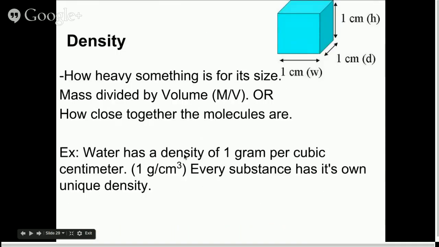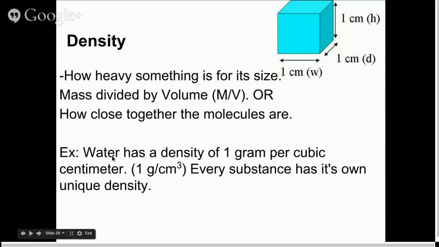All right, density is how heavy something is for its size. So you take the mass and you divide it by the volume, m over v. Or you could also say it's how close together the molecules are. The closer together the molecules are, the heavier, the more dense it is.